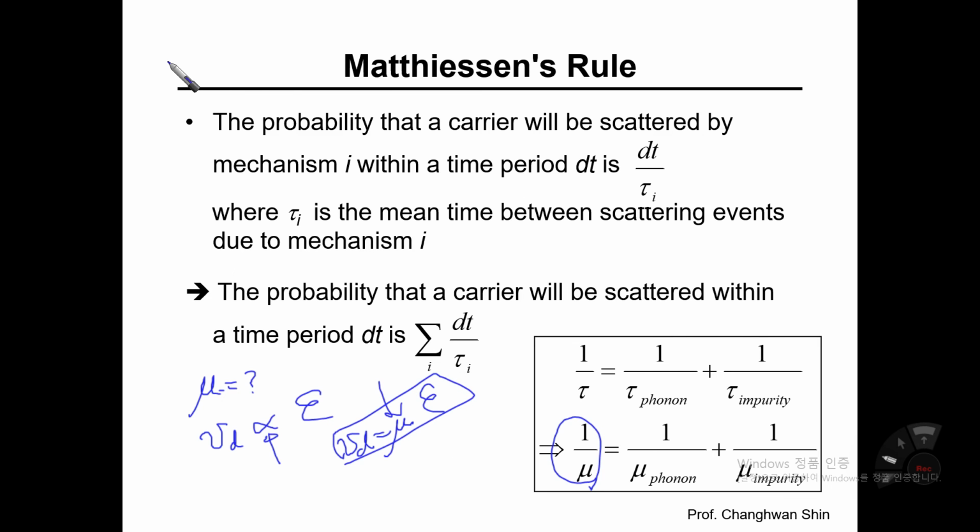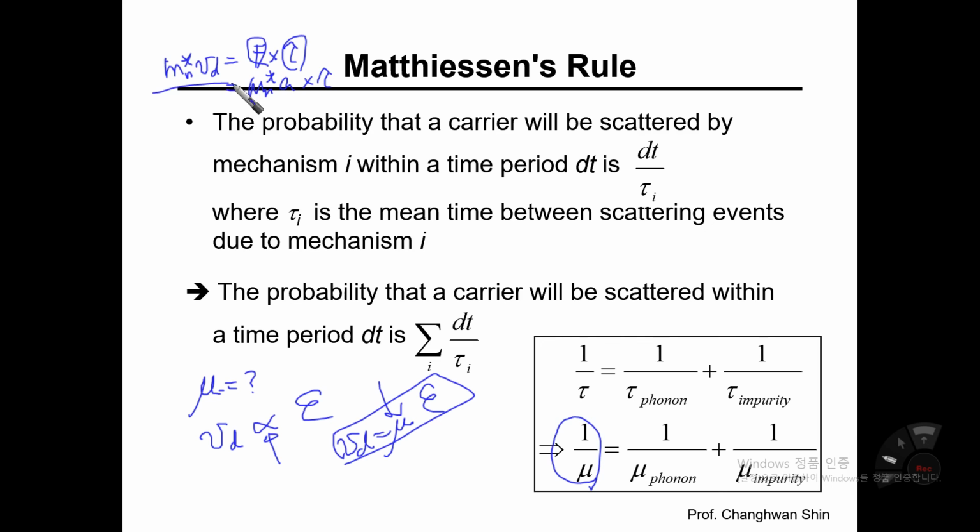Momentum is conserved, right? Force times time. So this time indicates the average or mean time between two scattering events. And force is m asterisk times acceleration times tau.